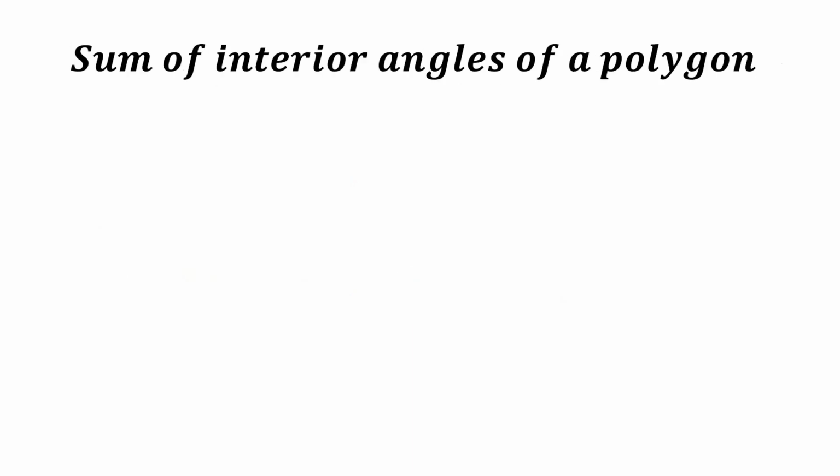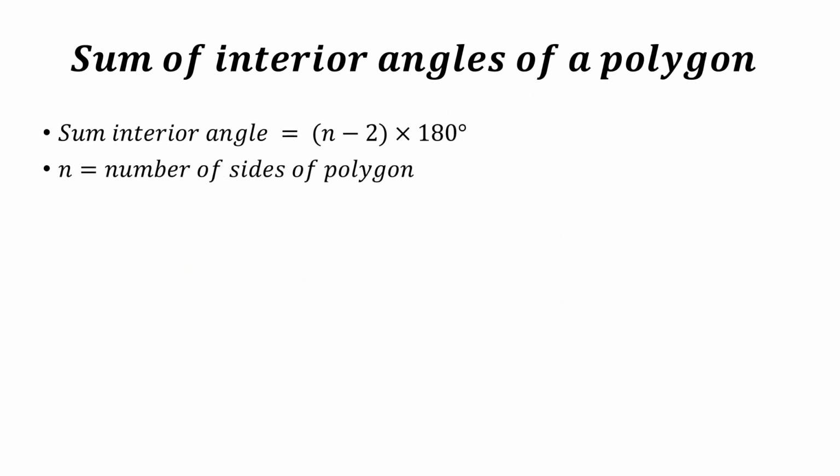Another term is the sum of the interior angles of a polygon. Let's see how we are going to find that. There is a formula given: (n minus 2) multiplied by 180 degrees. Here n refers to the number of sides of the polygon. Let's see one example. Pentagon.